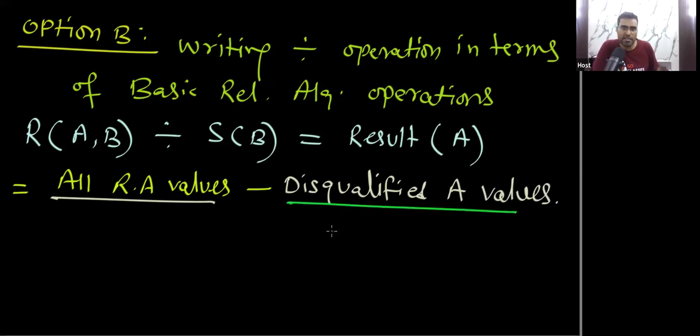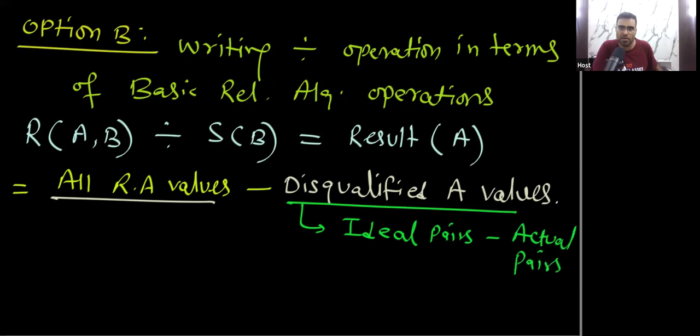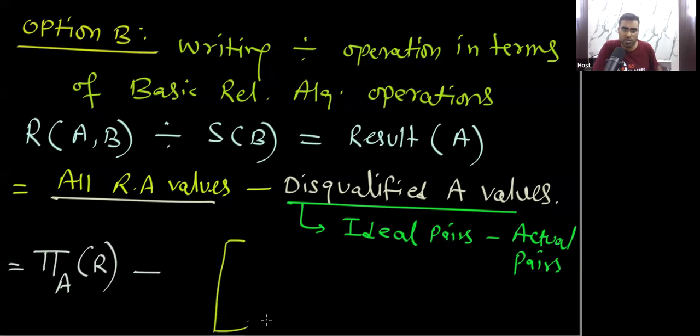These are ideal pairs minus actual pairs. If you remember, all R.A values is very simple. If I want all R.A values, that is Pi A from R, minus disqualified. Who are disqualified? Very simple. Ideal minus actual.